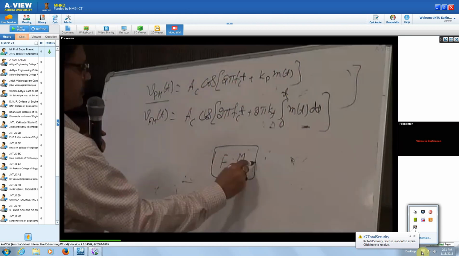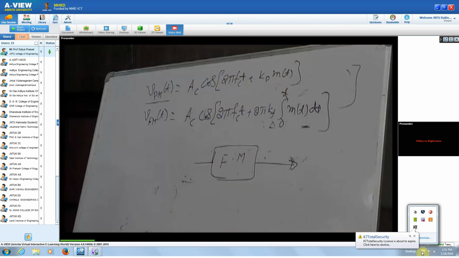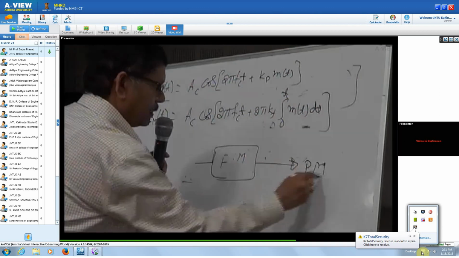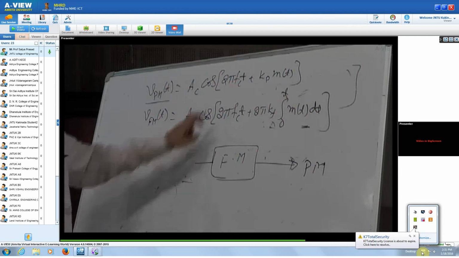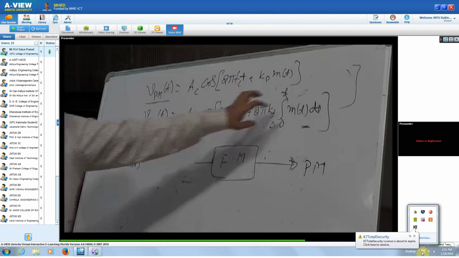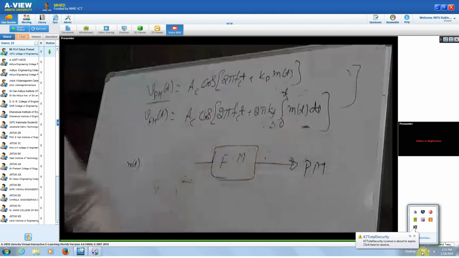That is, suppose we have a frequency modulated signal modulator, this is the FM modulator, and we have our m of t, and I want here a phase modulation. What is phase modulation? It is some constant into the baseband signal, whereas here we have constant into integral of m of t dt.